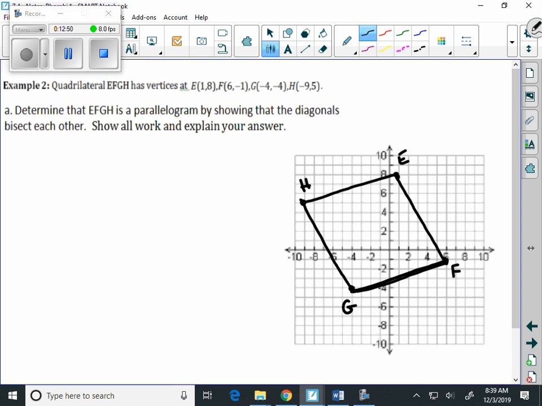Again, I hope that your picture is better than mine. It says determine that EFGH is a parallelogram by showing that diagonals bisect each other. And when we have to show that they're bisecting each other, what we need to do is the midpoint.